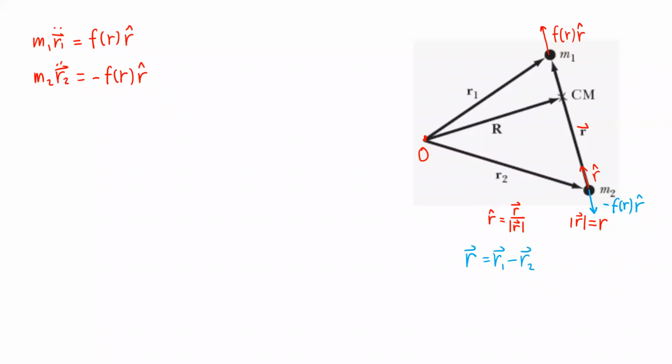And also the position vector of the center of mass, capital R, is M1 R1 plus M2 R2 over M1 plus M2. This is just by definition. I think you have learned this before. This is something I have on the side.